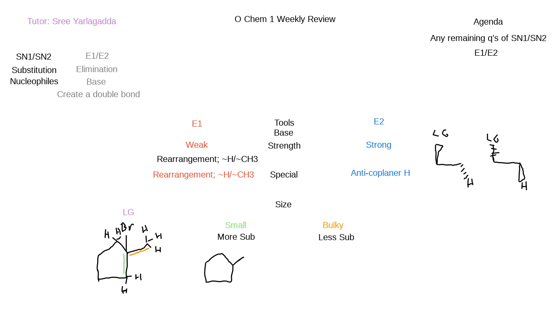The reason I am placing my double bond here is because if I do this, I have 1, 2, 3 substituents on my double bond. So this has 3 substituents on this double bond. Does everyone see that?